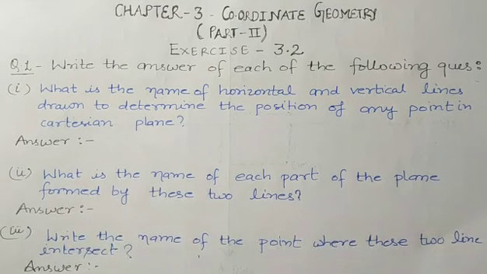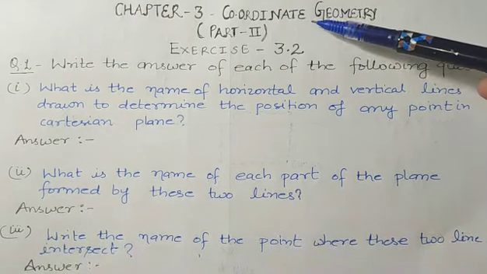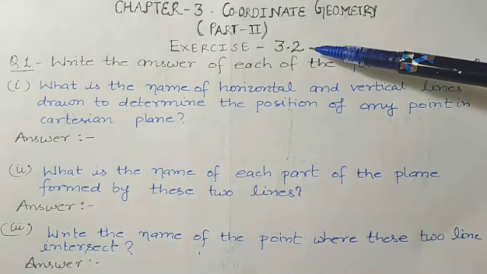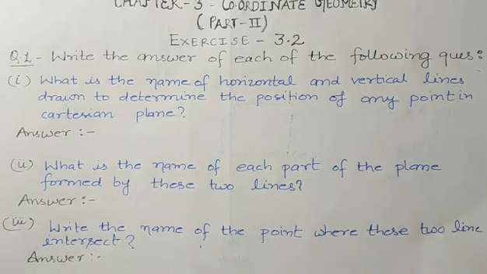Now coming to today's lecture, students, in part 1 we have completed the introduction of coordinate geometry as well as exercise 3.1. In this part we are going to see exercise 3.2 and 3.3.